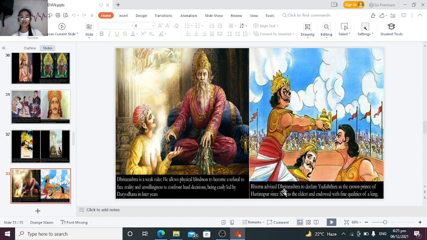Bhishma advised Dhritarashtra to declare Yudhishthira as the crown prince of Hastinapur, since he was the eldest and endowed with fine qualities of a king. Yudhishthira is the first son of Pandu with Kunti.